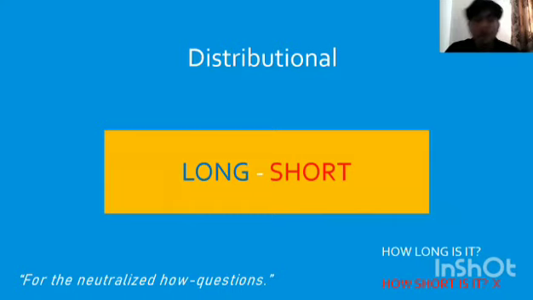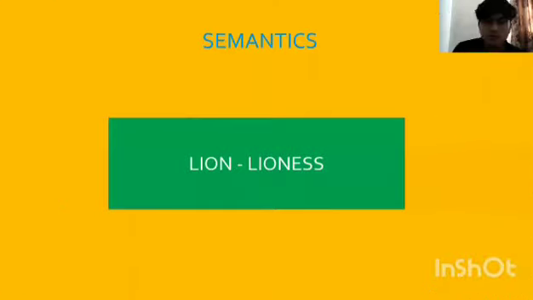For neutralized how questions, it is normal to say how long is it rather than how short is it. We often say how long is it, it is more acceptable.